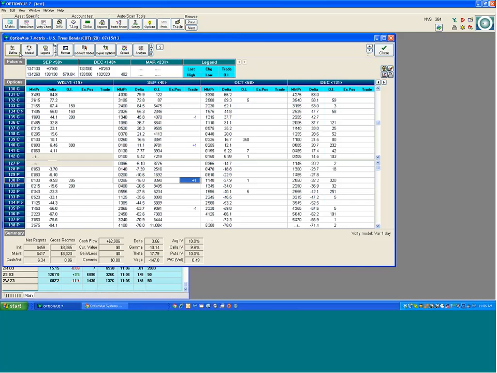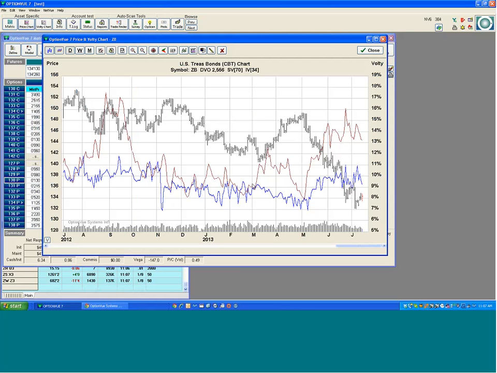Now, what that really means, if I were to pull up the price chart and show you the blue implied volatility line for today, it shows implied volatility on Treasury bond options as a composite reading is 9.2%. The actual reading is at the bottom of the screen, 9.2%. So the Vega factor on this spread being minus 147 means that we benefit by $147 if implied volatility drops from 9.2 to 8.2%.